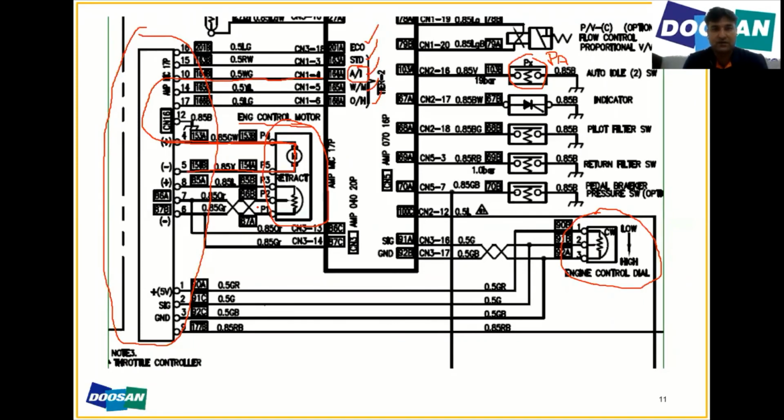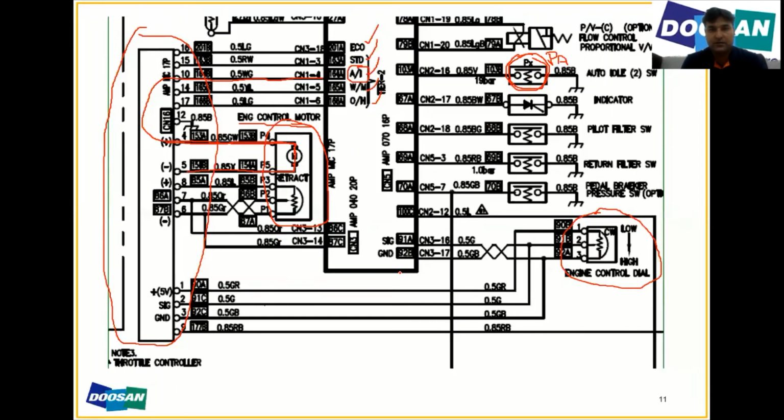If it is idle, it will reduce the engine RPM. If it is in working mode, it will increase the engine RPM. I repeat, if this pressure switch is open, the machine is in idle, and if this switch is closed, the machine is in the working condition.